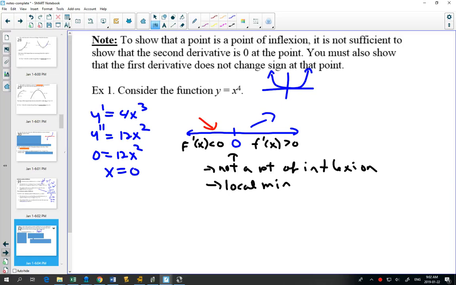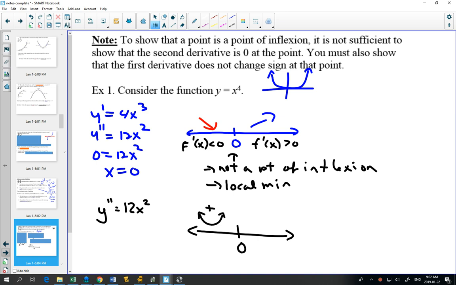One of the things that we're going to do with our second derivative is make another sign diagram and put our second derivative on there. And if I take my second derivative, what happens when you plug in something less than 0? Well, 12x squared would be positive. I like to make cyclops.